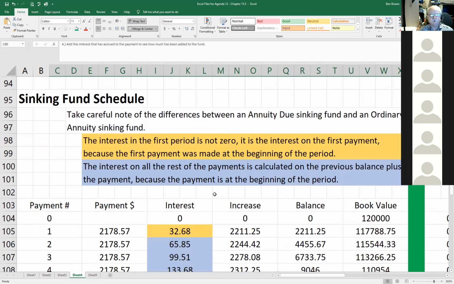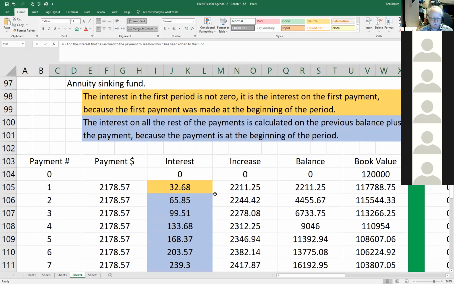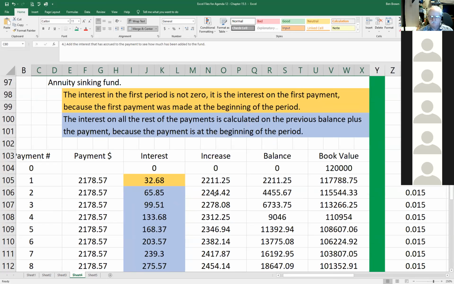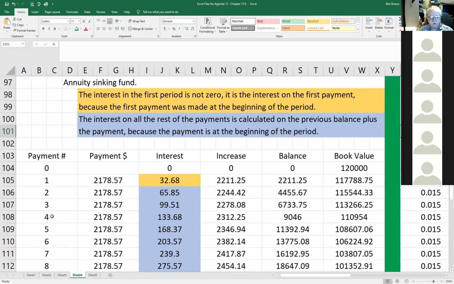Now, we can create a sinking fund schedule. Our columns are the payment numbers, the payment amount, the interest. And remember, we get interest on that first payment because it's annuity due.